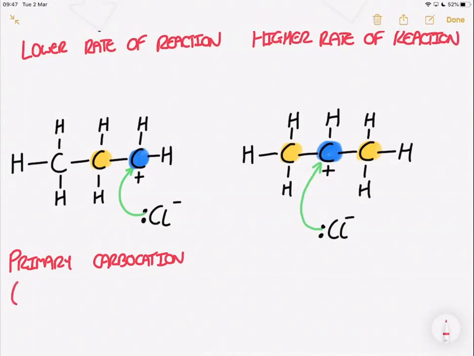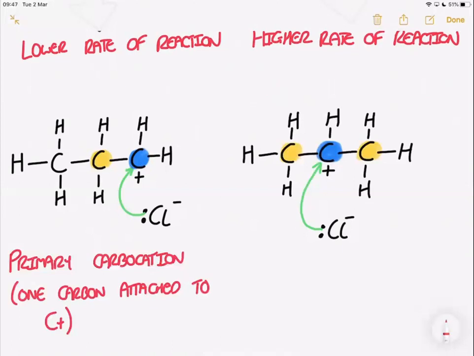So in brackets, one carbon attached to C+. That's what we're getting at, right? The yellow one is the one that's attached to C+, and there's only one of them. Again, you can probably guess and see the pattern about what's coming on the right-hand side.